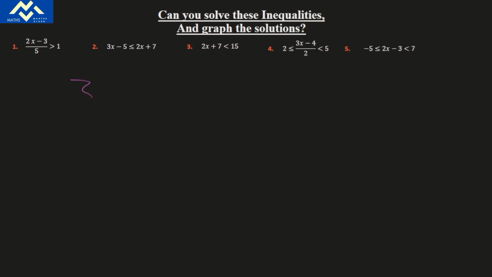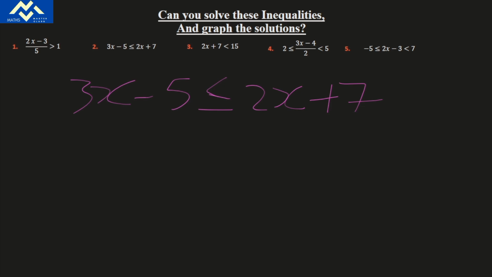Example 2: 3x - 5 ≤ 2x + 7. This inequality is already linear, so we don't need to remove any denominator.